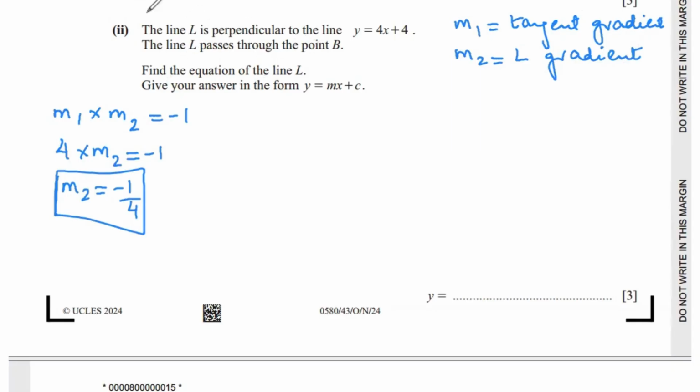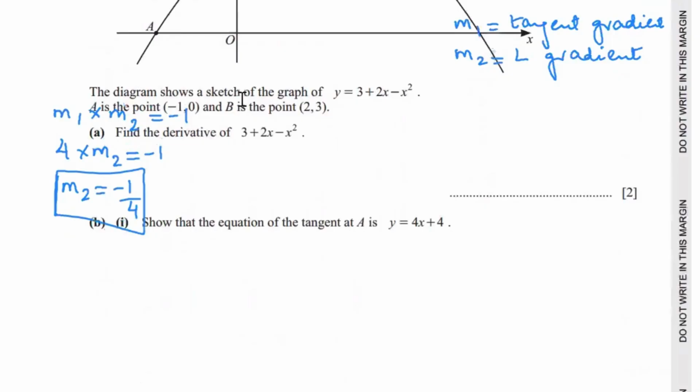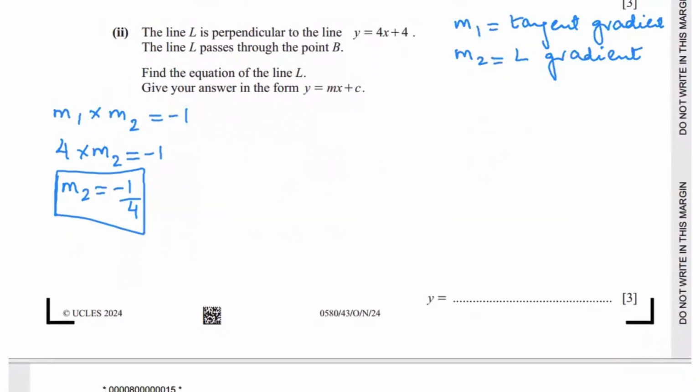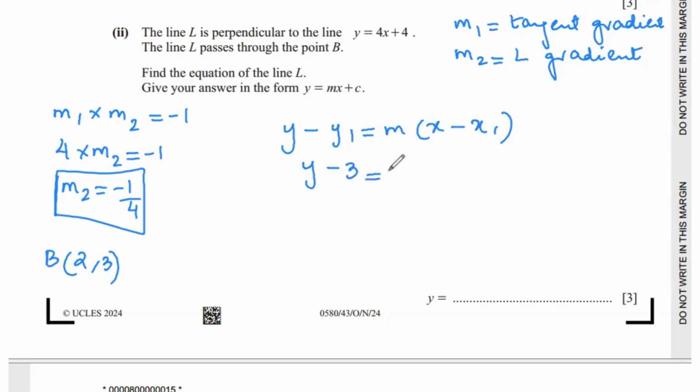Now, line L passes through point P. So point P has the coordinates (2, 3). So you can easily find the equation now using point slope. y minus y1 equals m times x minus x1. y minus 3 equals negative 1 over 4 times x minus 2.